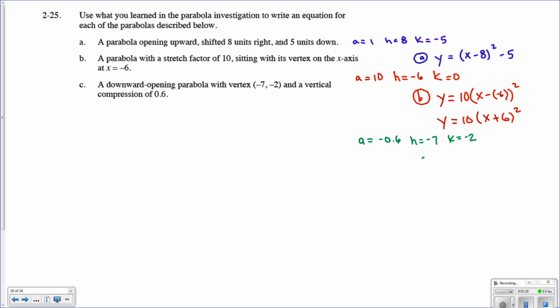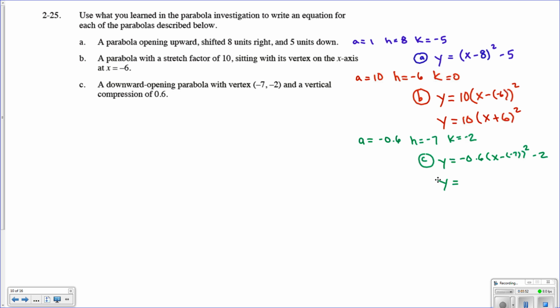So what we're going to do for this one here, this is letter C, we're going to say y equals -0.6 times our quantity of x minus h, so x minus -7 squared minus 2. And now we just need to simplify that.